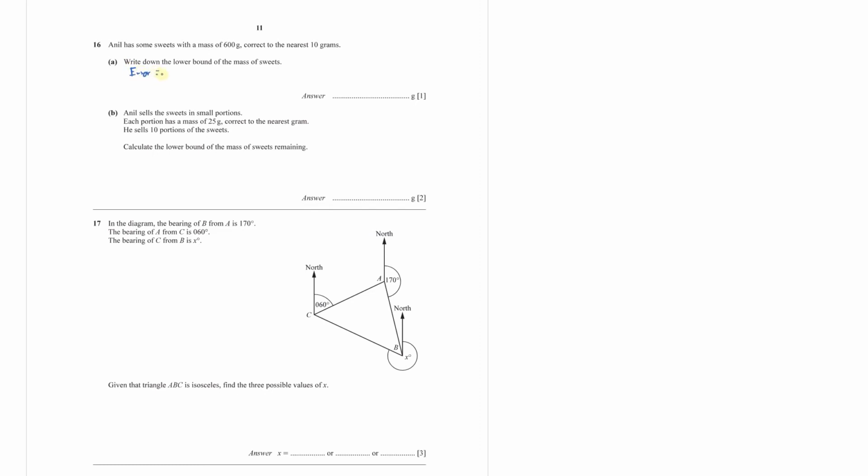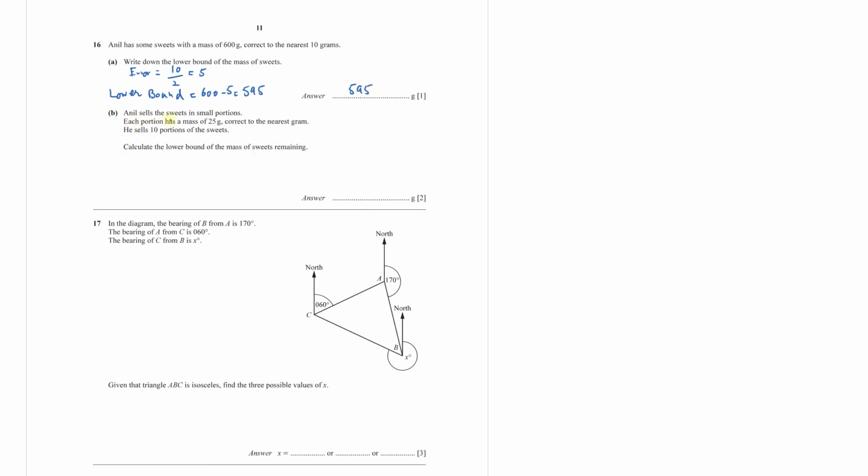So error would be equal to 10 divided by 2, which is 5. To compute the lower bound, we do 600 minus 5, which is 595. So your lower bound of the mass is 595 grams.